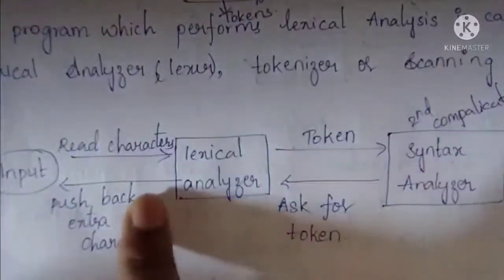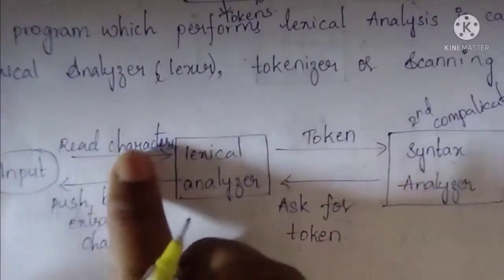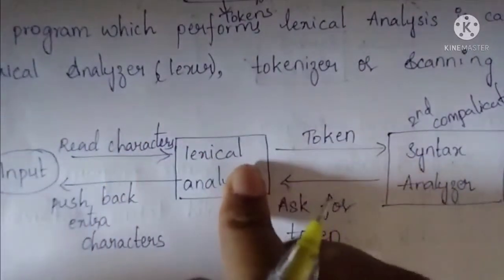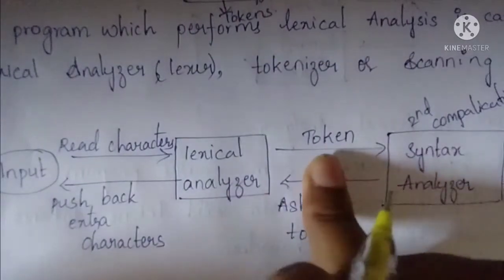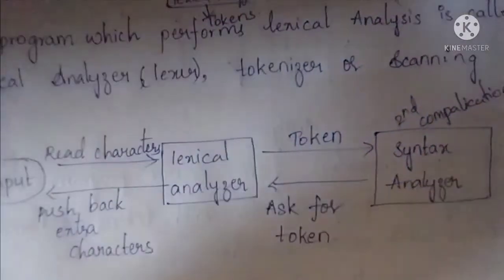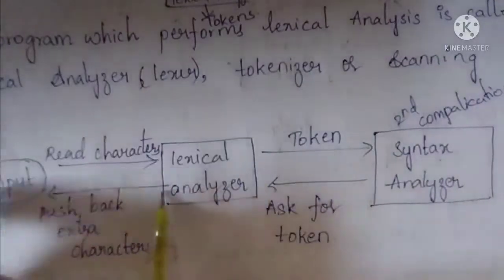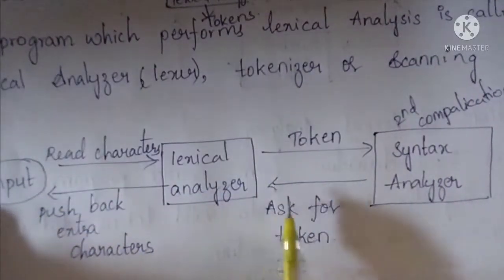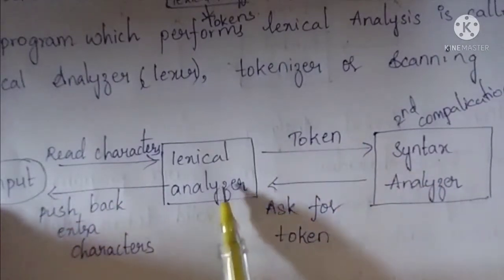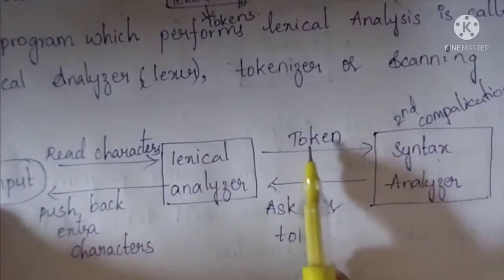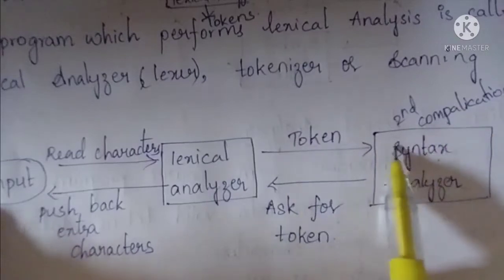First it takes the input, reads the characters and gives them to the lexical analyzer. In this way we read the tokens from the input, and the lexical analyzer gives the tokens to the next phase of compilation.